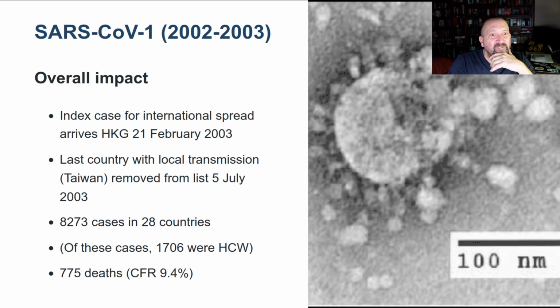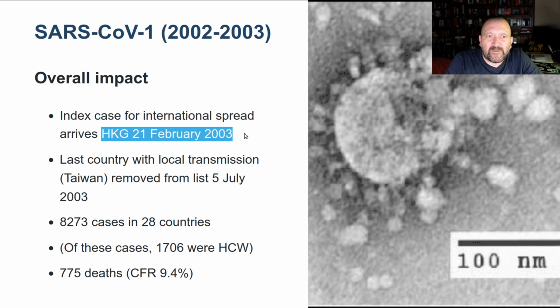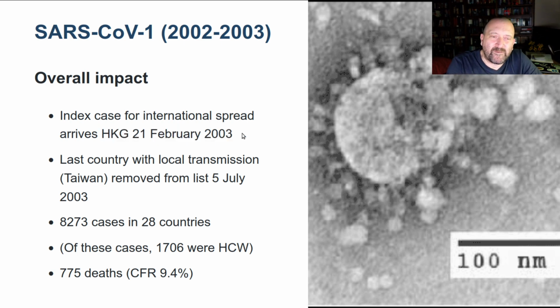The first SARS, the one that happened in 2002, 2003, essentially started propagating on the 21st of February, 2003. A person came to Hong Kong for a wedding, and he went into a hotel, and in that hotel he infected several people. And these people, Hong Kong being a very active trade place, flew home to a variety of locations, and with them carried SARS.